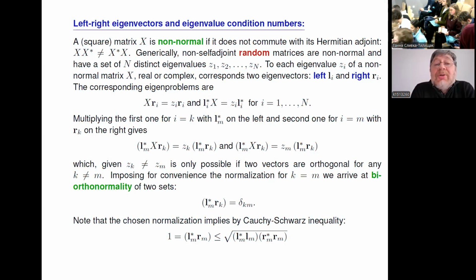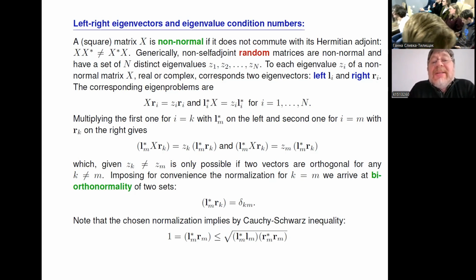A matrix is called non-normal if it does not commute with its Hermitian adjoint. Since we will be discussing mainly random non-self-adjoint or non-Hermitian matrices, when they are non-normal they usually, with probability 1, have a set of n distinct eigenvalues, z1, z2 to zn.